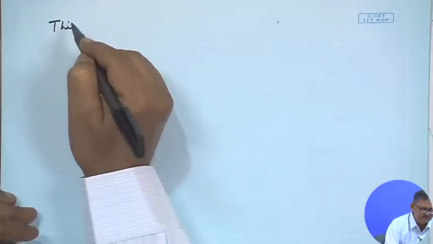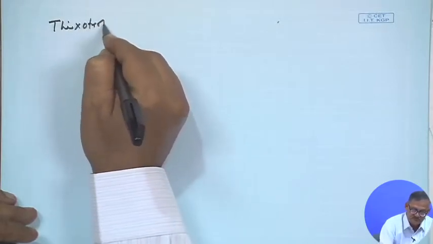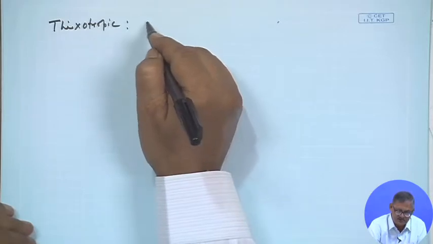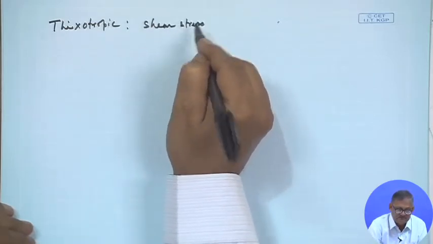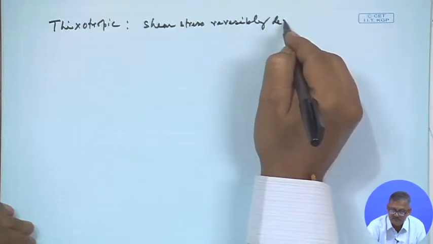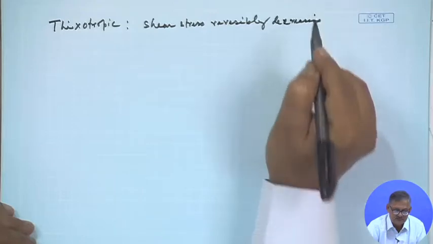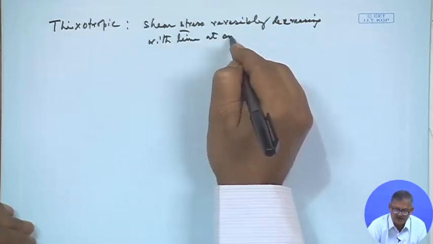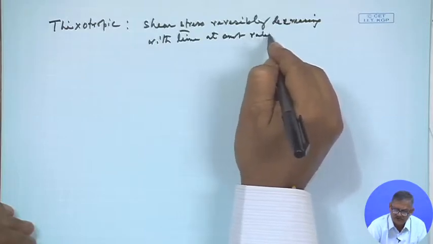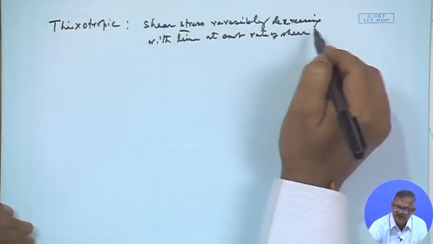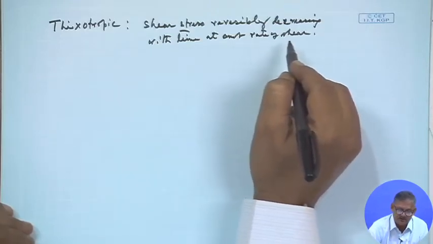One is called thixotropic, and in this thixotropic fluid, the shear stress is reversibly decreasing with time at a constant rate of shear.